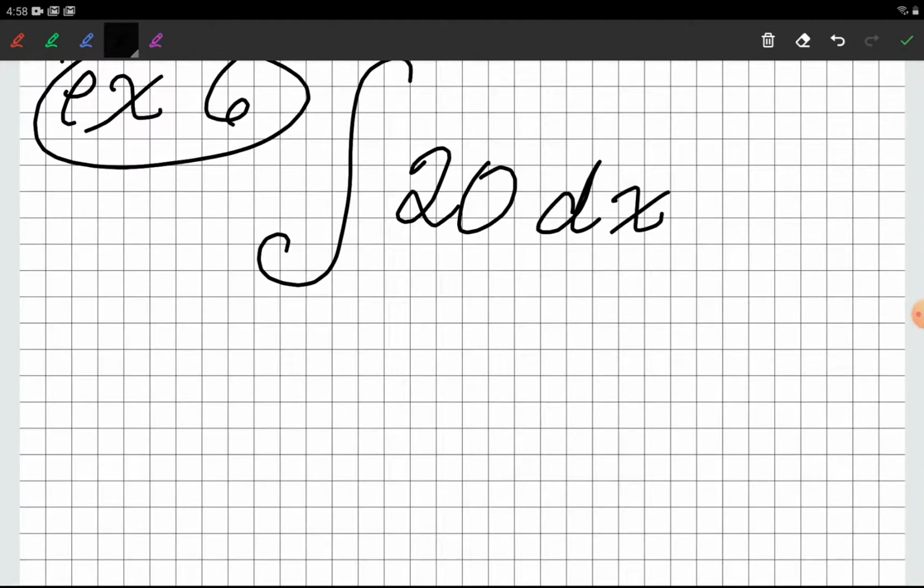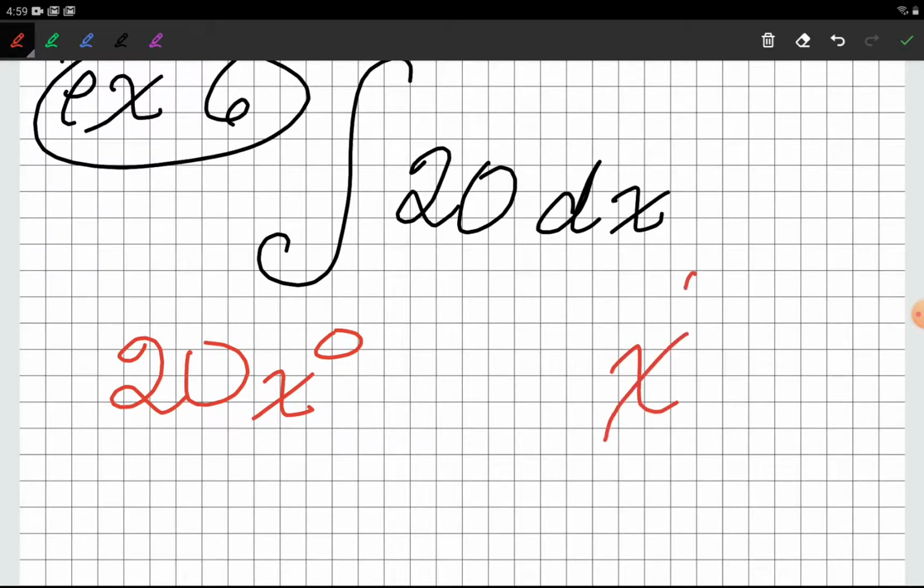So I'm going to show you the long way, and then I'm going to show you the short way, just to prove that there is a method to every shortcut that exists in math, all right? So, same exact process. 20 is just a number, but it can be easily thought of as 20 times x to the 0.